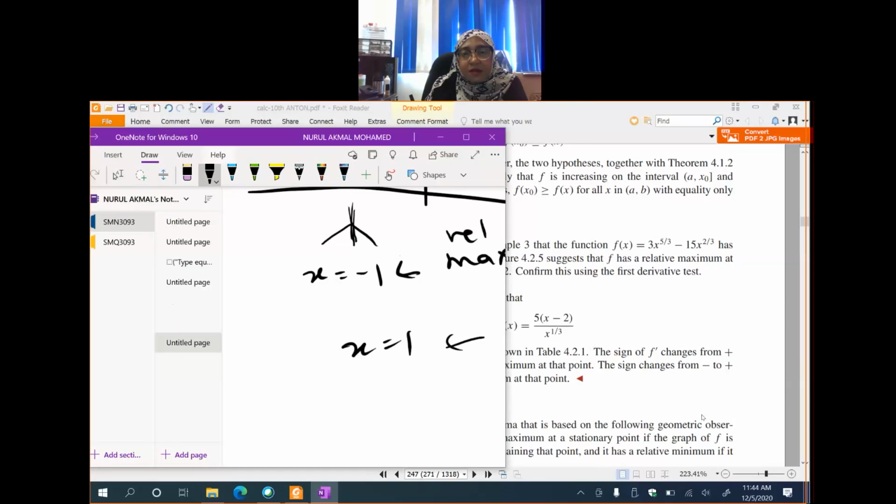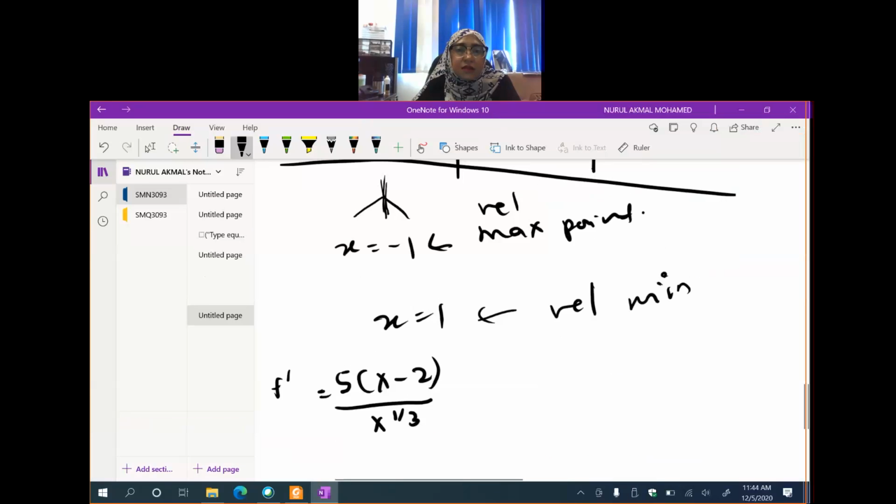So f prime is equal to 5x minus 2 divided by x to the power of 1 over 3. This is the f prime. If we let this equal to 0 to find its critical points, we let f prime equal to 0, so x is equal to 2.